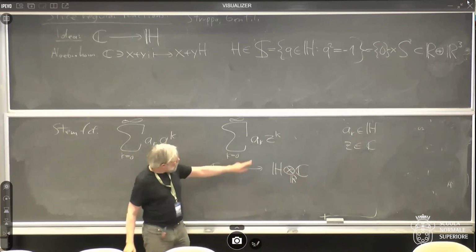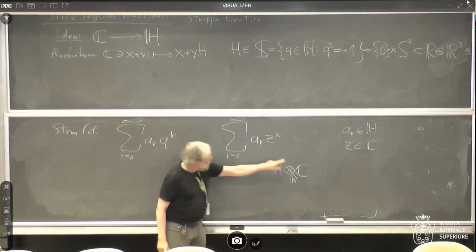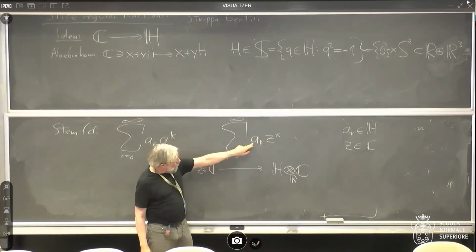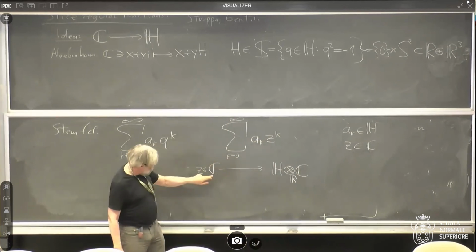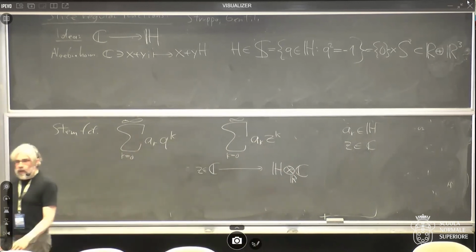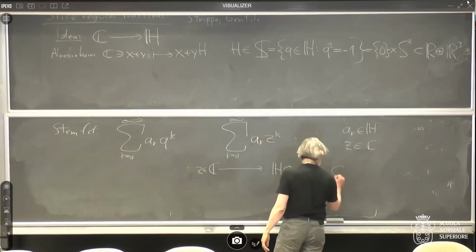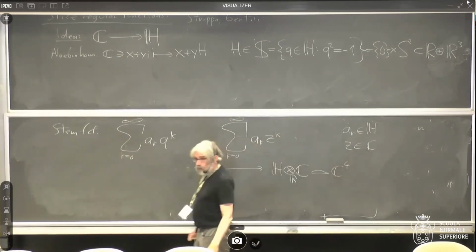So we just take the complex variable here. This gives you a complex number. And we have the coefficients which are quaternionic. And in the end, you get a function which goes from the complex numbers into the tensor product. And this tensor product now is, as a vector space, just a four-dimensional complex vector space.